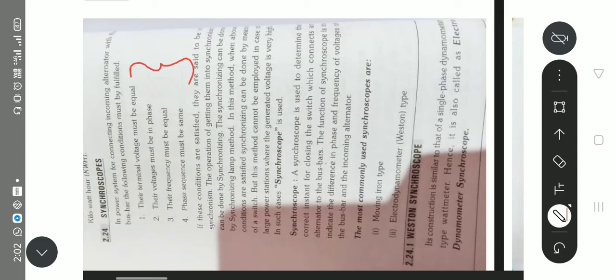Fourth one is phase sequence must be the same. We maintain all these four conditions in any power system alternator. Okay. When these conditions are satisfied.